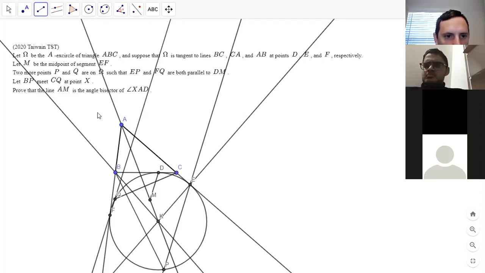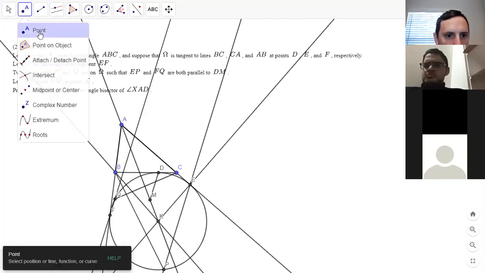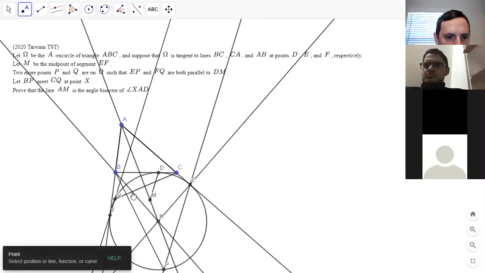We want to show that AM bisects angle XAD.